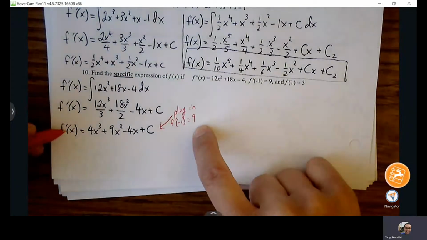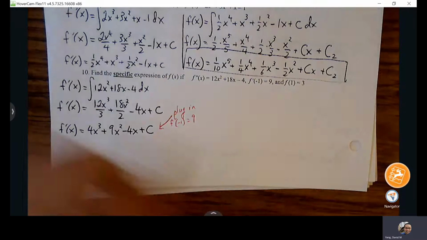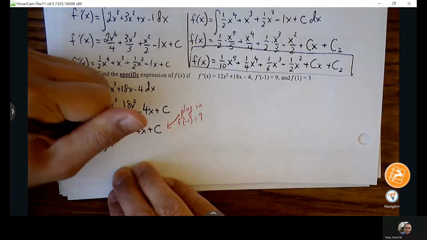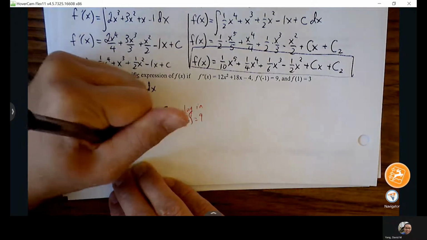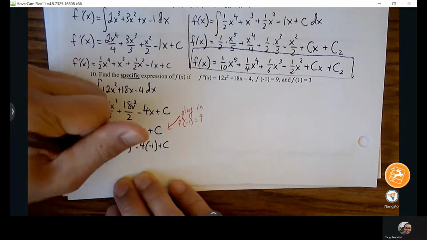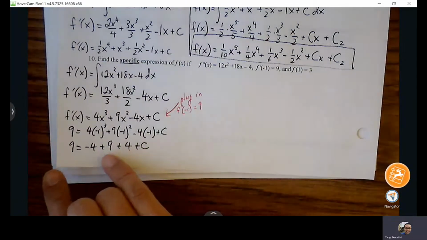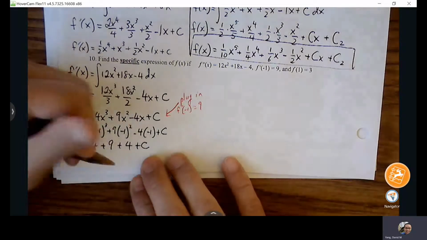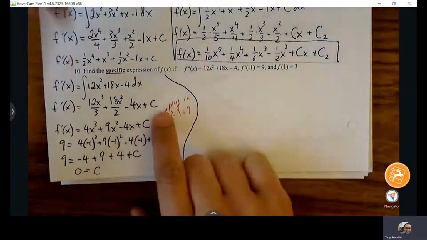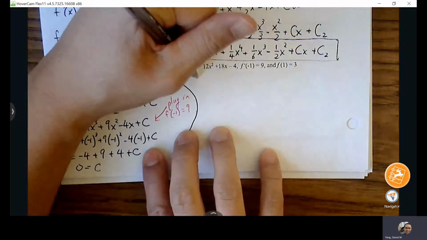So 9 gets inserted for f prime, -1 gets inserted for x, and then we're just trying to solve for c at this level. -4 plus 4 is 0, 9 minus 9 is 0, so c ends up being 0, which tells us that there's not much for it to keep track of.